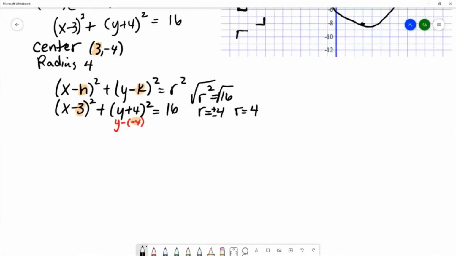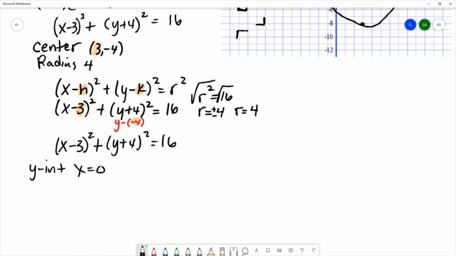So I'm going to use my equation in standard form, x minus 3 squared plus y plus 4 squared equals 16. To find a y-intercept, I let x be equal to 0. I substitute a 0 in: 0 minus 3 squared plus y plus 4 squared equals 16. -3 squared is a positive 9.